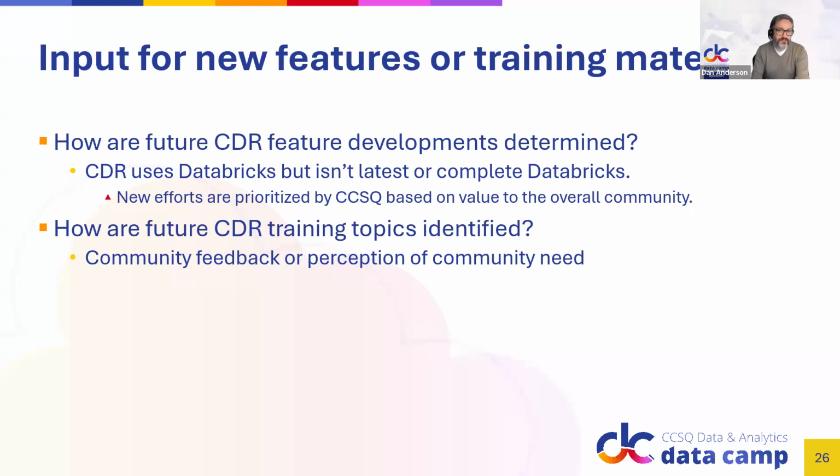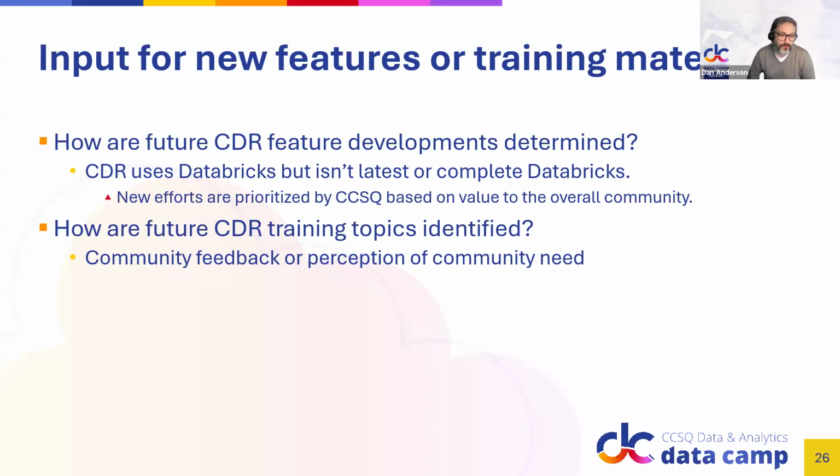All these new efforts are really prioritized by CCSQ stakeholders based on the value to the overall community and resource availability. So if we find that there's a feature that has a huge demand for it, those are obviously going to be things that we focus on first.